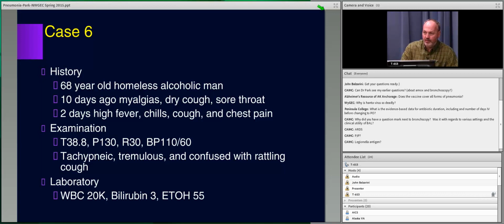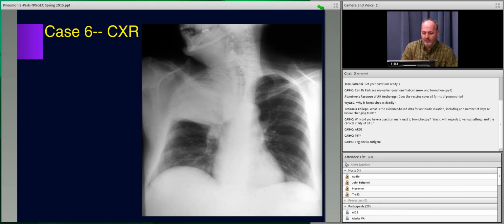Let's do one more here and then we'll call it quits. 68-year-old homeless alcoholic man, 10 days of mild, just dry cough, sore throat. What does that sound like? Achy. Yeah, doesn't it? Sounds like flu. But now he has 2 days of high fevers, chills, cough, and chest pain.